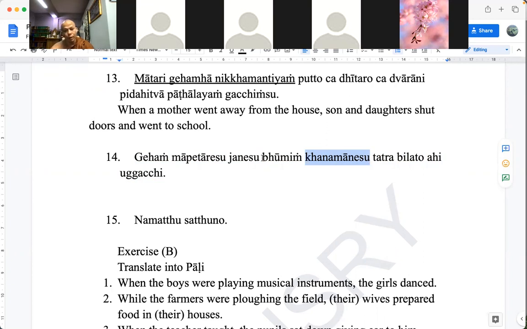Okay, so Bumain is the object of the Kana Manesu, and Mabitarisu modifies the Janesu, and Gihan is the object of the Mabitarisu. So when people Janesu, and then those people are modified by the Mabitarisu.